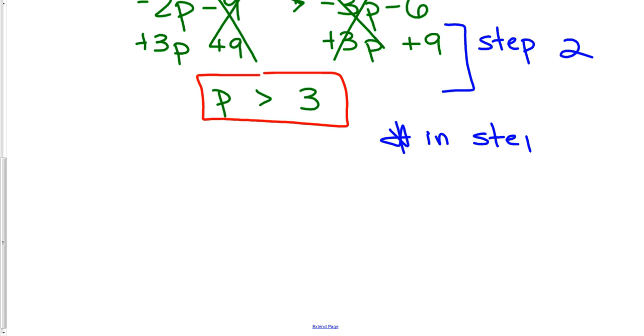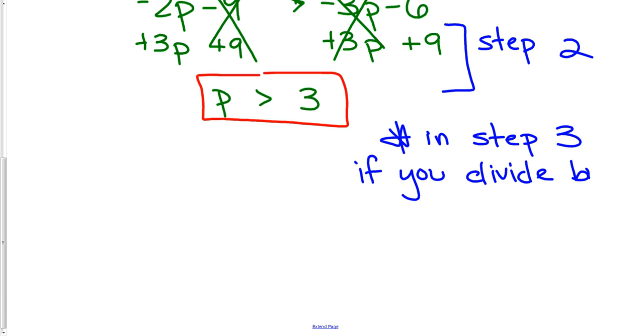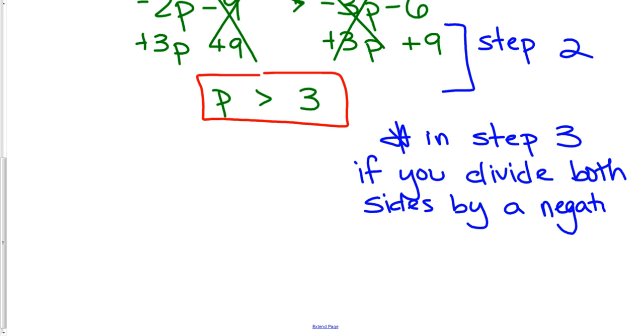In step 3 was where we divided by the coefficient of our variable. In step 3, if you divide both sides by a negative number, you must flip the inequality.